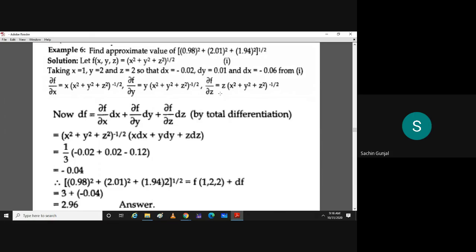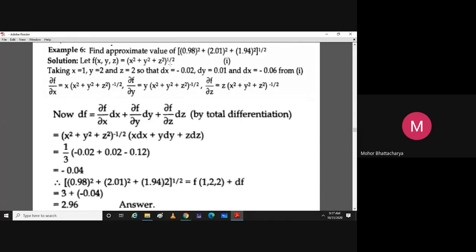Please respond. Sir, I couldn't understand this part. Which one? So this is del f by del x. See, this is a function, (x square plus y square plus z square) raised to 1 by 2. Take its derivative with respect to x. What is the derivative of under root of x square plus y square plus z square? Tell me.